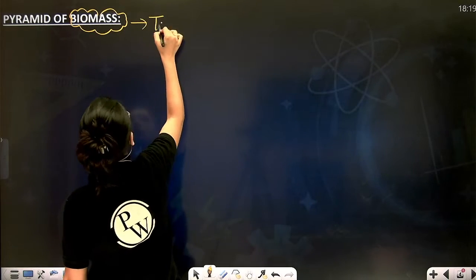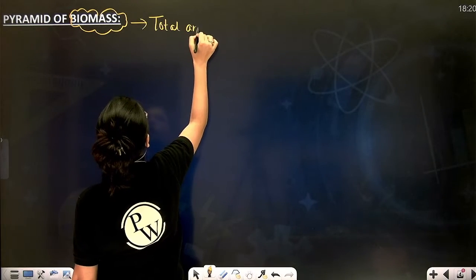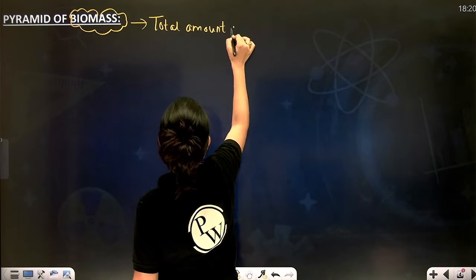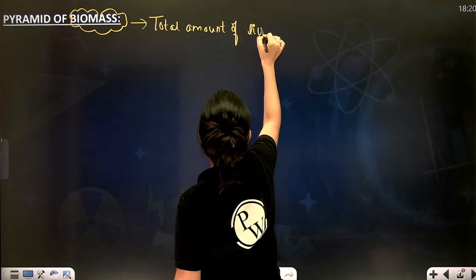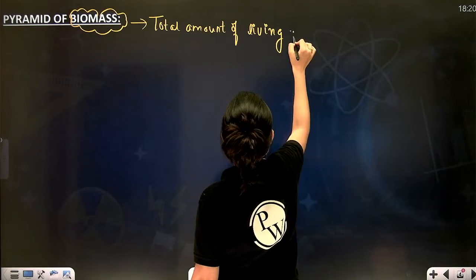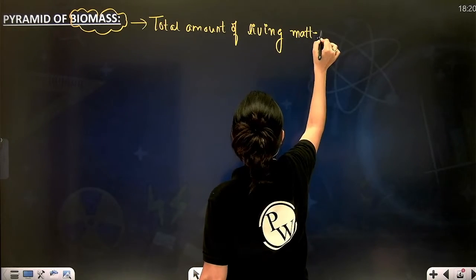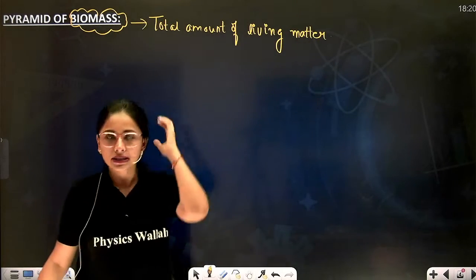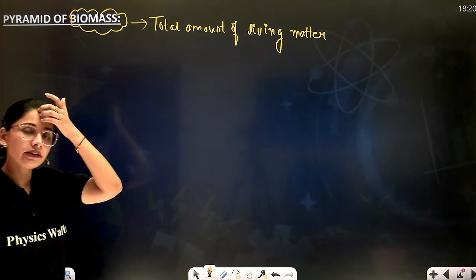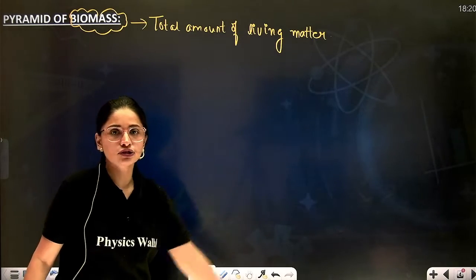So basically, what is biomass? Total amount of living matter. So biomass is simply the total amount of living matter present at each trophic level.